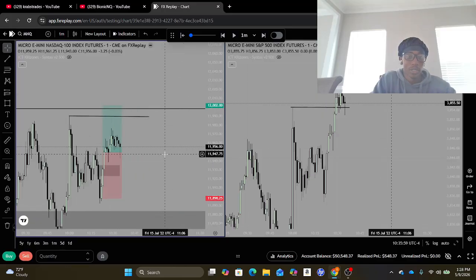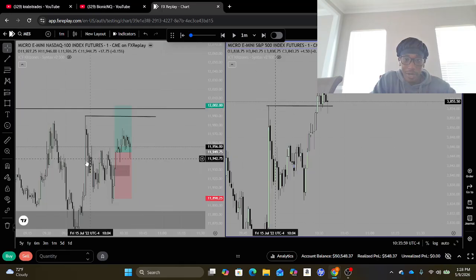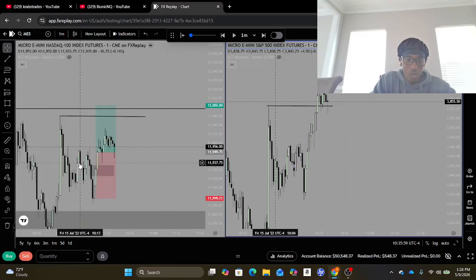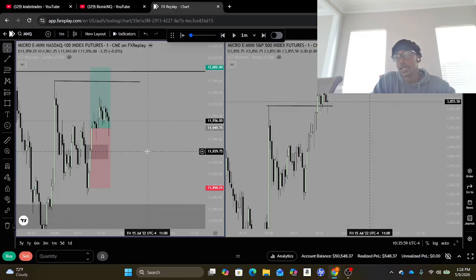So let me tell you the thought process through here. I said I was gonna go break even at this high right here. ES is the same high, same key level. So if ES takes it before NQ does, I need to go break even because they're two correlating assets.